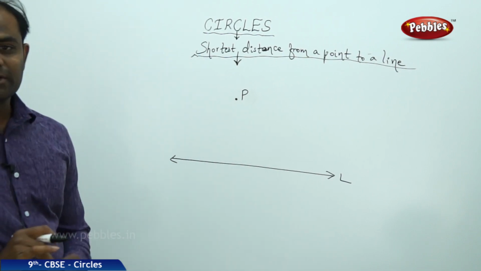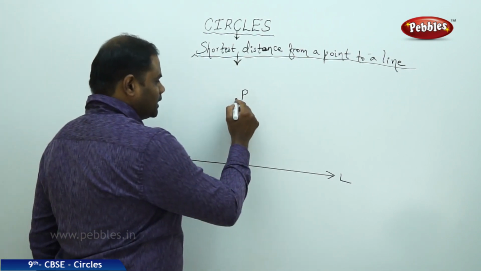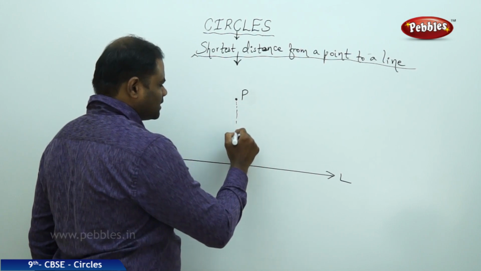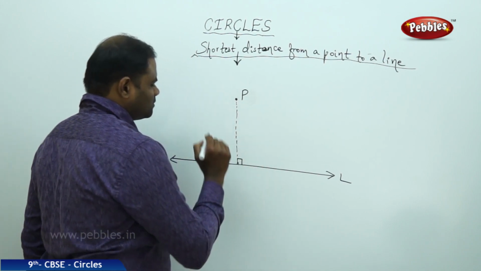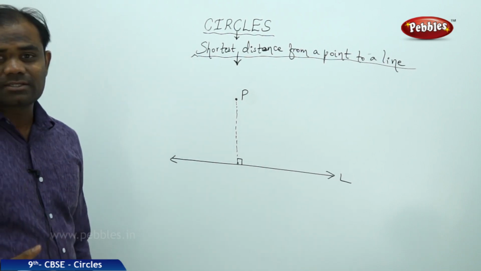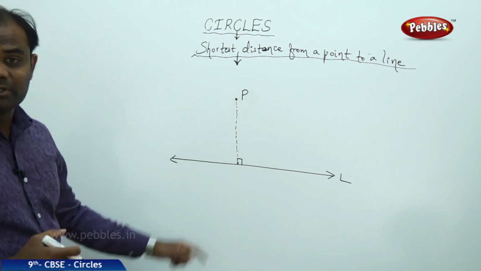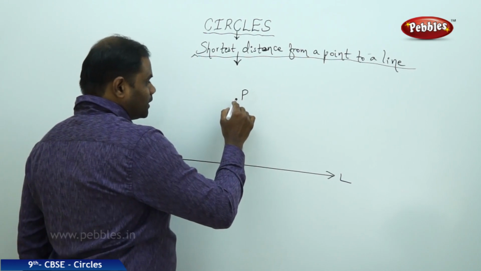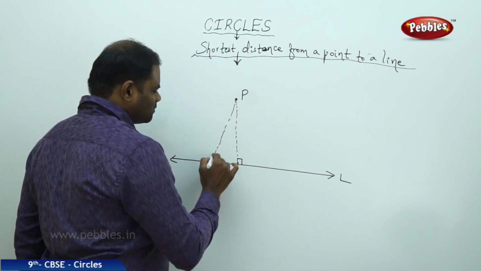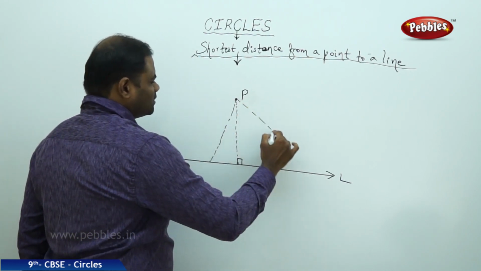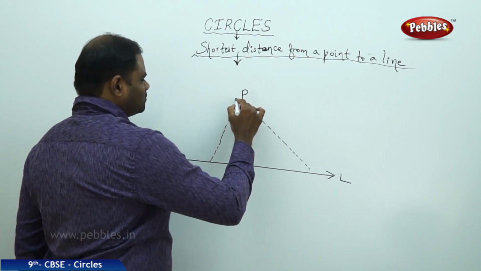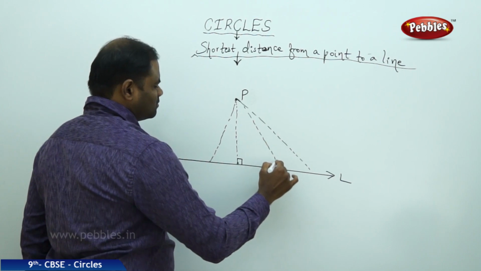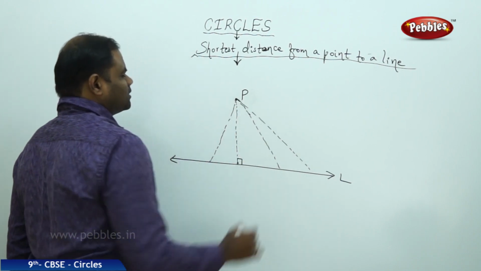Now as we can see, one of the perpendicular lengths is this, as clearly drawn out here. And there are other lines also possible from point P to the line L, different lines which I can draw from the point to the line.